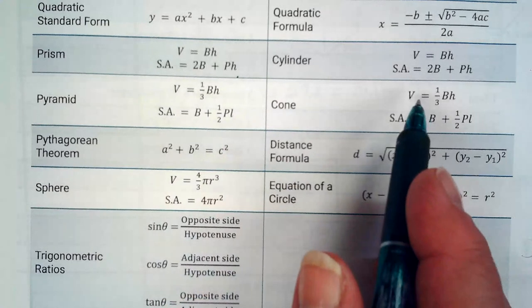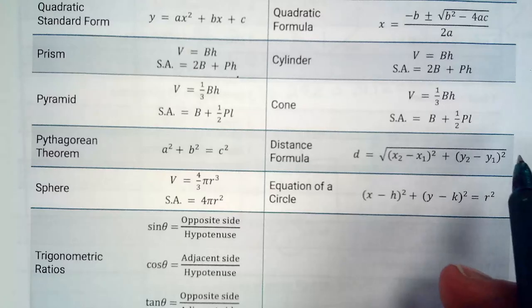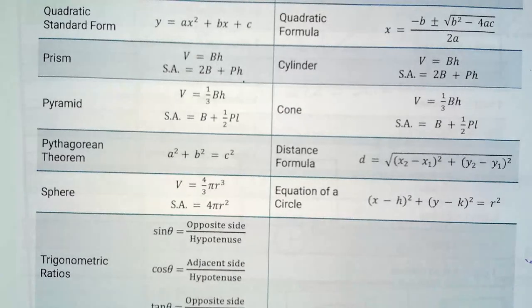For a cylinder, 2 times your base area plus your perimeter times your height. A cylinder's perimeter is the circumference of its ends. So hopefully that helps you with being able to apply the formula.